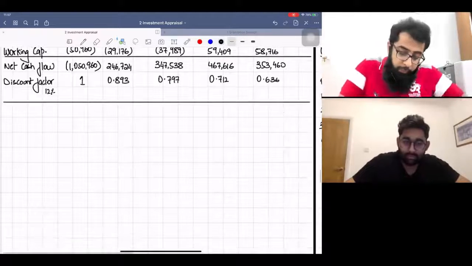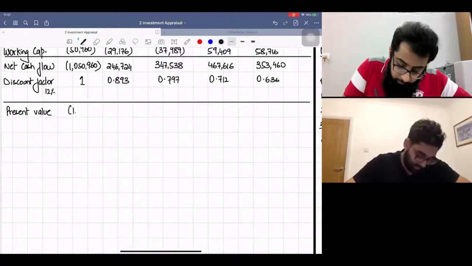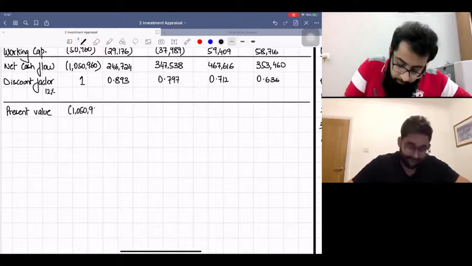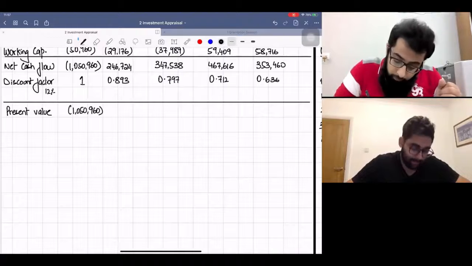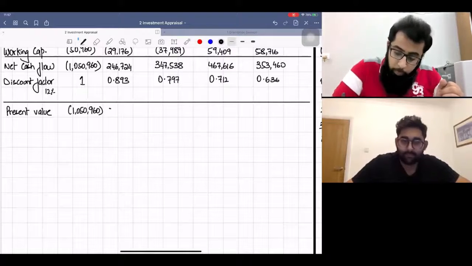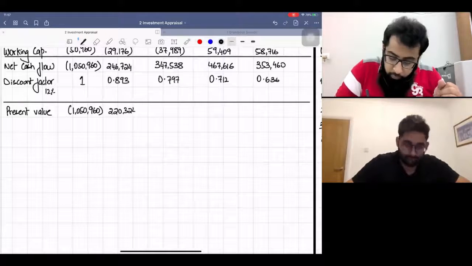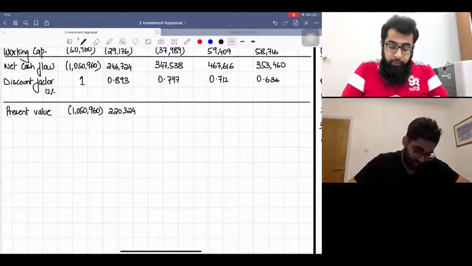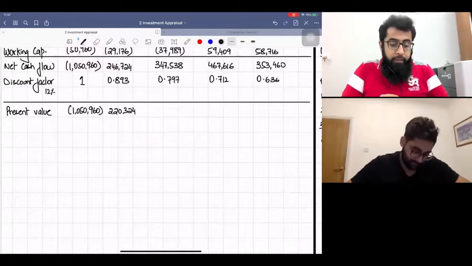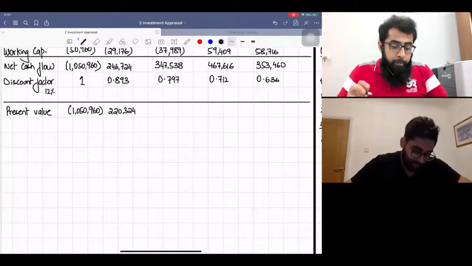So now we will get the present values. 246,724 into 0.893. Now what will be the present value? 220,324 for year one. Then 347,538 into 797. It's 276,987.